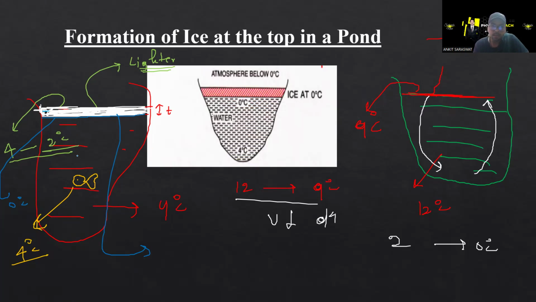Since the outside temperature is very low, it may be possible that inside heat is going outside, but this layer of ice will not allow the temperature of the inside water to drop further, because it is a poor conductor of heat. So inside heat will not go outside. Its temperature will remain 4 degrees Celsius, and the aquatic animal will survive. It will not die. Simply, I have used anomalous expansion here.